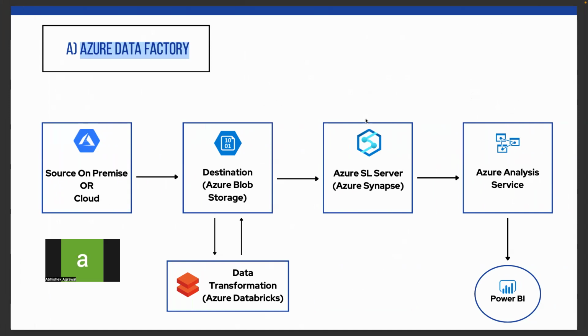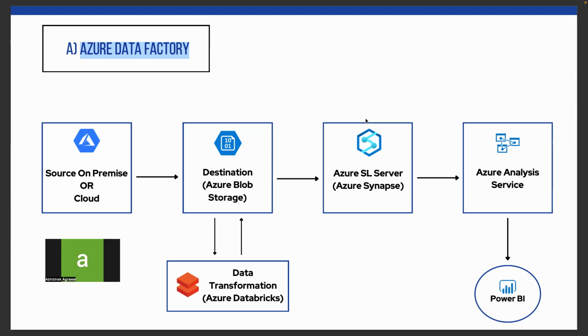Every day's data, and what changes are happening in each daily load, you'll not store in Synapse. In blob storage, you will store all the history of the data. And in Synapse, which is a SQL server, you can only store structured data.